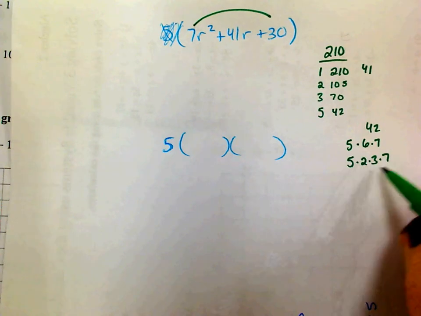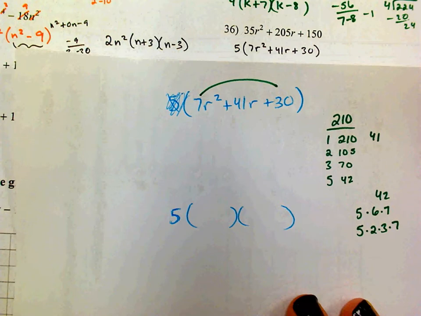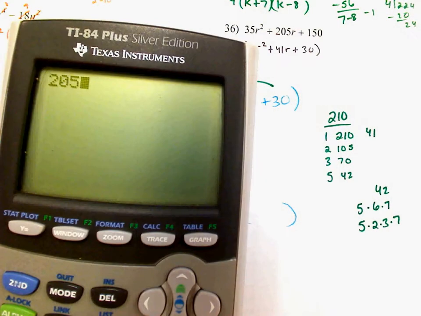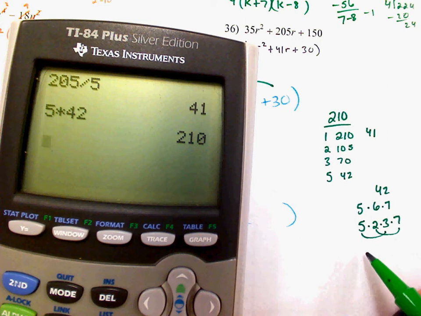That doesn't add up to 41. Did I do 41 right? Yes, that's 41. Let's see, 15 and 14? That doesn't add up to it either.